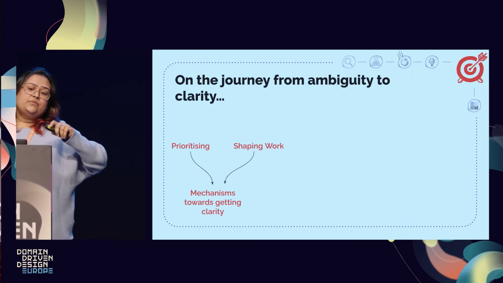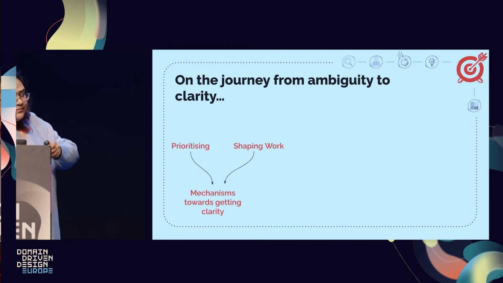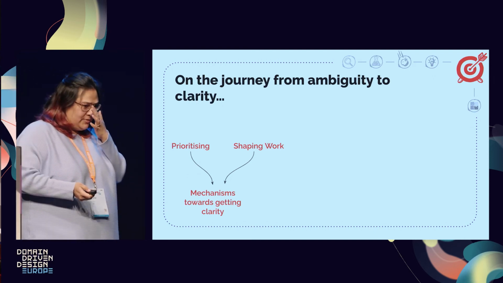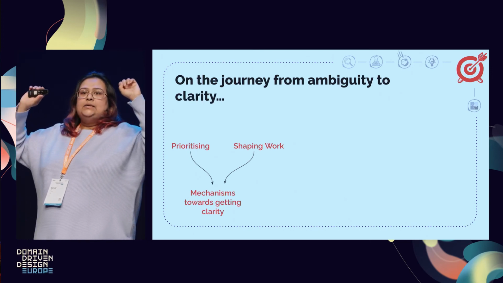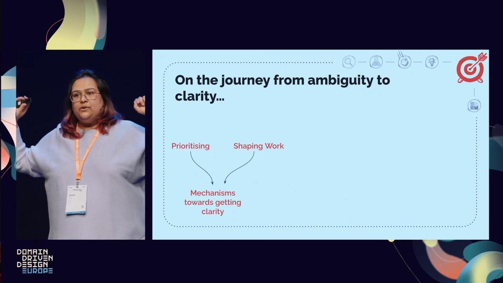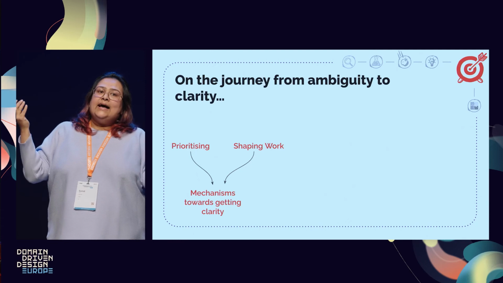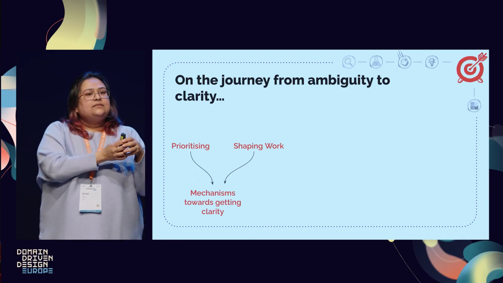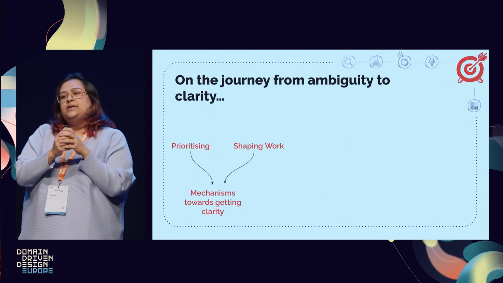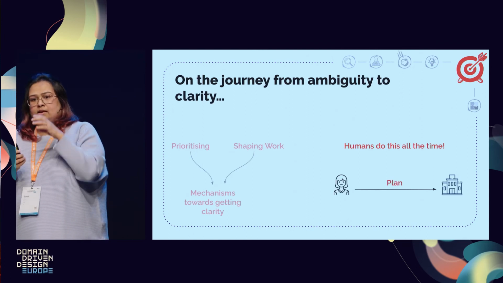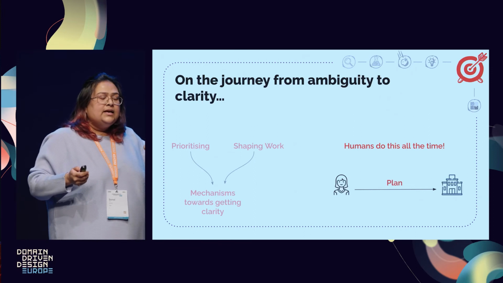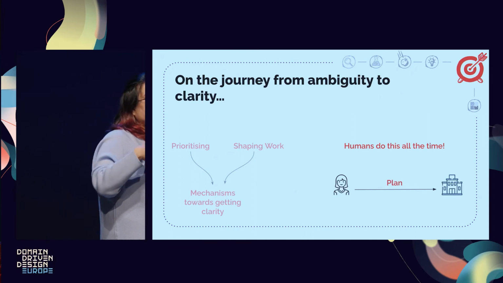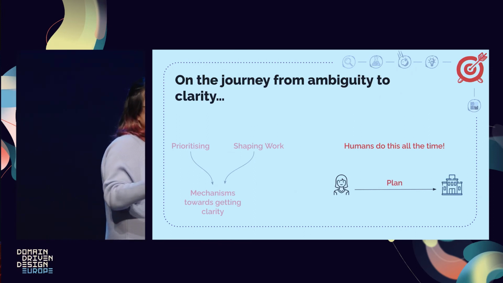But also, we were there to recommend that approach for prioritization. And when I think of things like prioritization or shaping work, I think of them as mechanisms that help get clarity. Sure, those are activities that we do, but eventually they aid the objective of getting clarity.